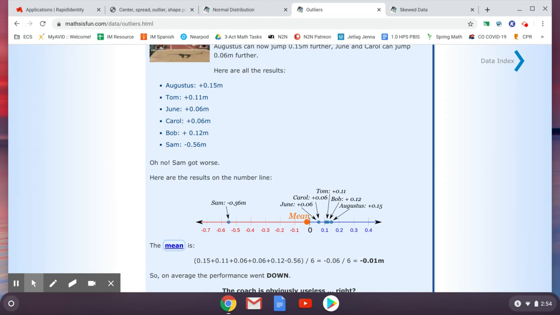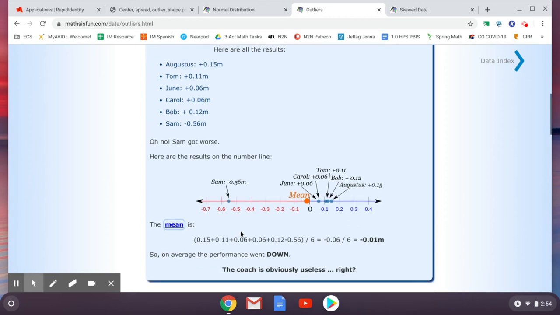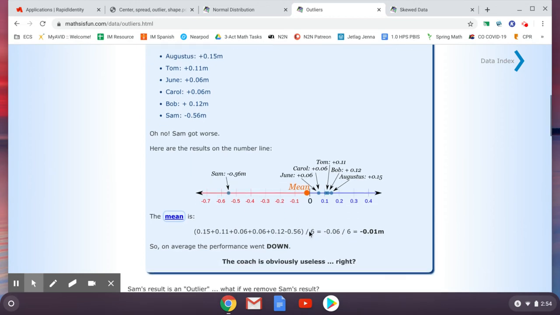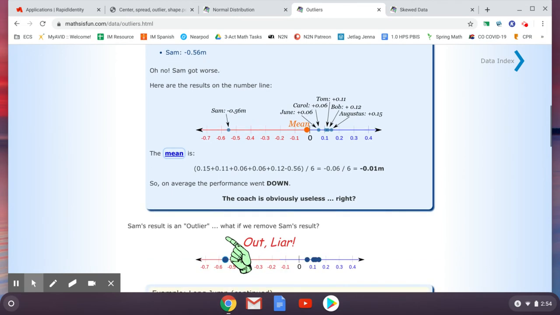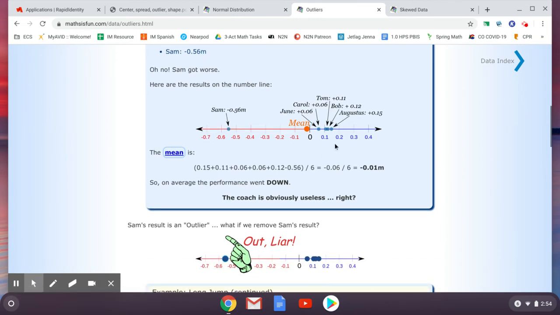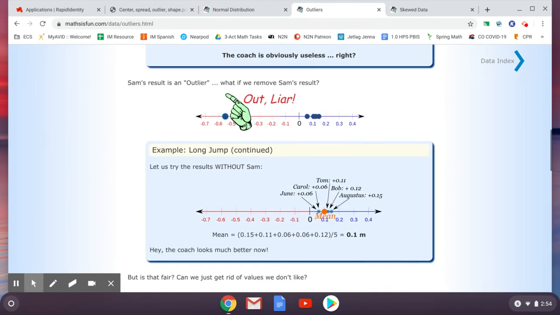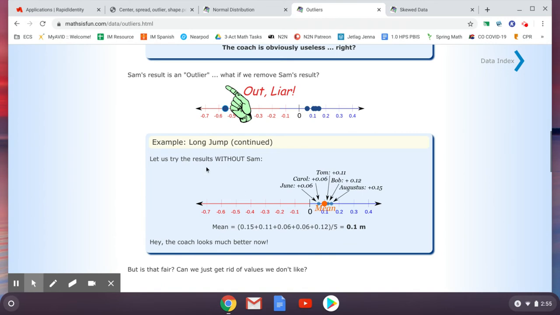So sometimes we like to take that outlier out of our data so that we can get a better sense of where the average is. And so if we take the outlier out of our calculations, then our mean is up here in the middle of all this data, and that kind of makes a little bit more sense.